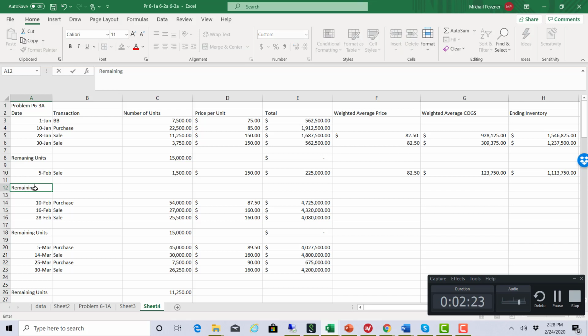Remaining units now is 15,000 minus 1,500, and of course they were carried over at 8,250.